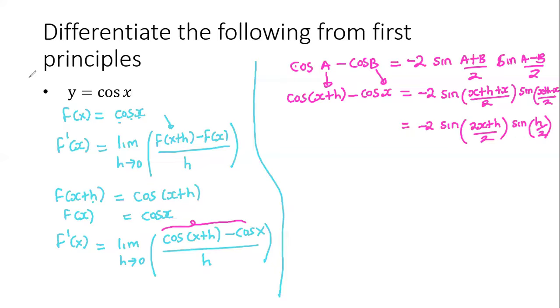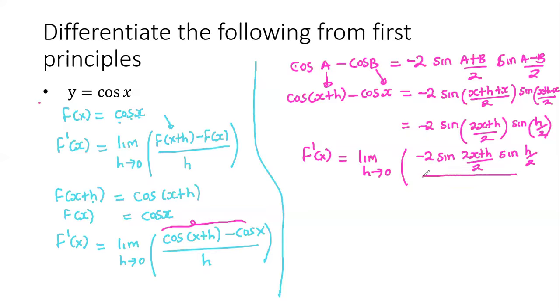But also, I've already told you that when I substitute, f prime of x will equal the limit as h tends to 0 of negative 2 sine of (2x plus h) out of 2, sine of h out of 2, everything divided by h.